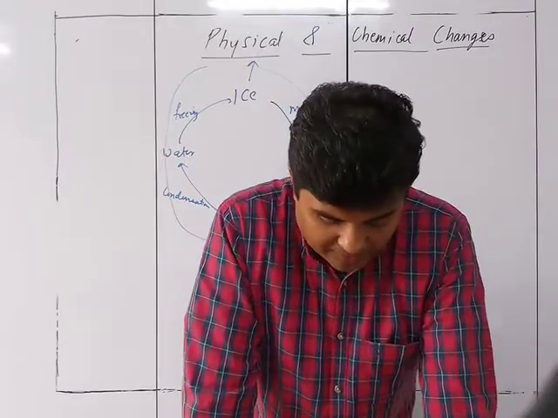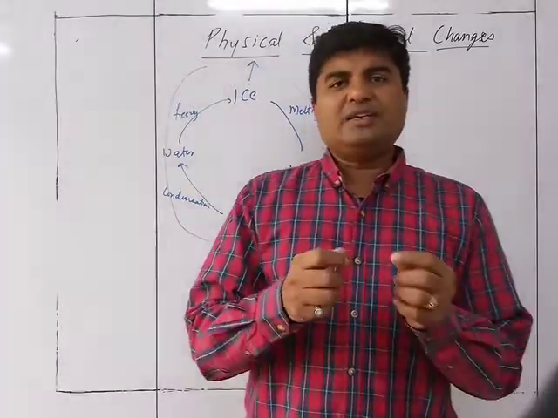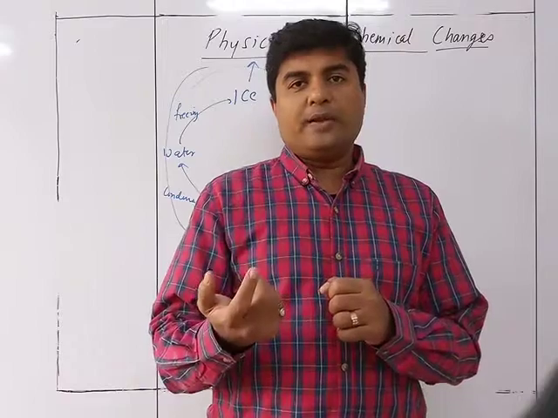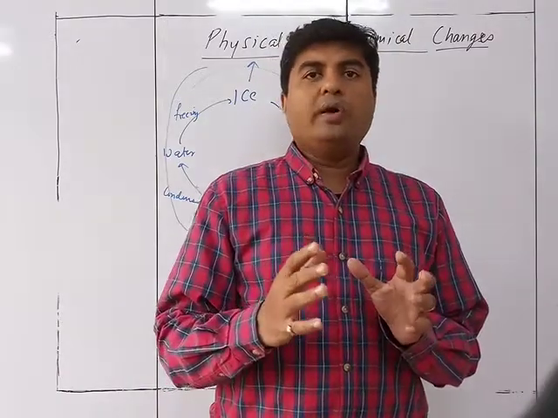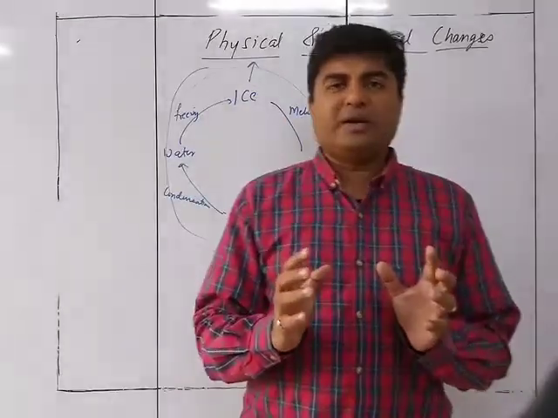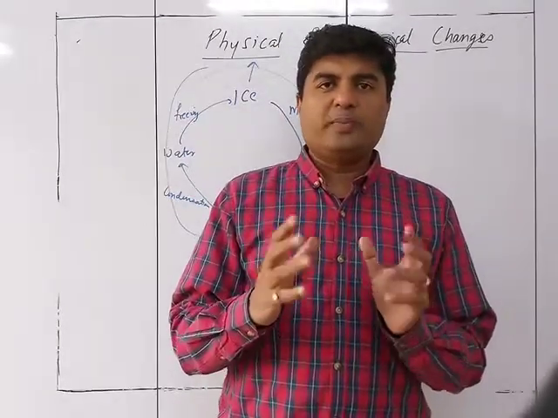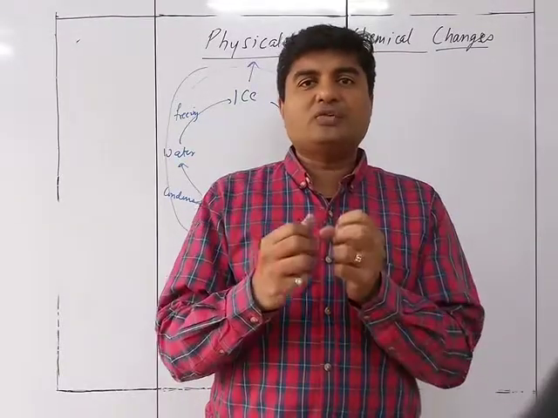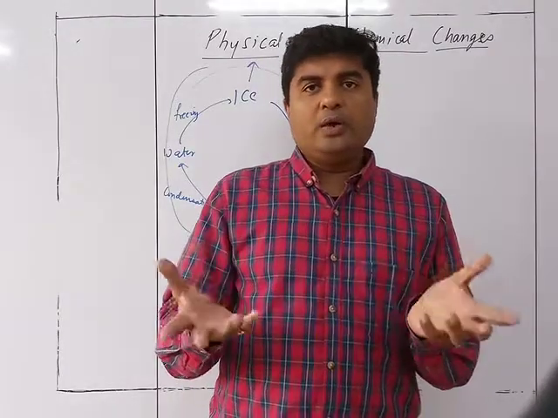Heating of a platinum wire. So the platinum wire is just getting heated up. You are not actually converting platinum into platinum oxide, because platinum is a very non-reactive kind of material. It doesn't react too much. Because it doesn't react too much, when you heat it, it is just going to get hot, and when you cool it, it becomes cold.